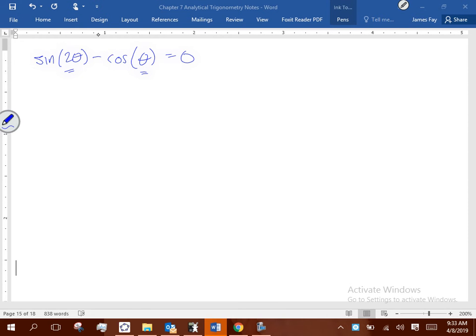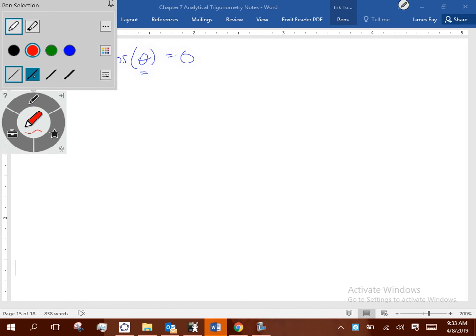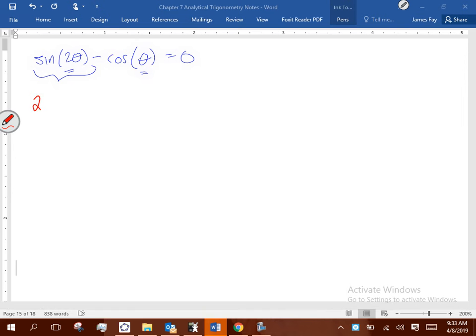But normally speaking, when we see questions like this, we're going to want to use a double angle substitution. Okay? Does anybody remember what the sine of 2 theta substitution looks like? Okay, so sine of 2 theta turns into 2 sine theta cosine theta.